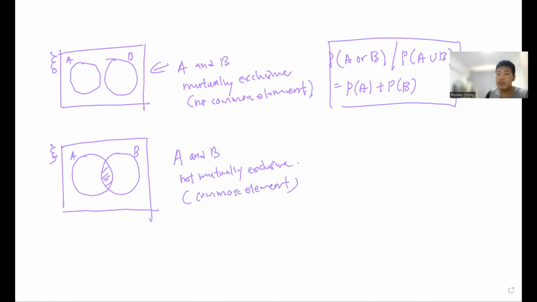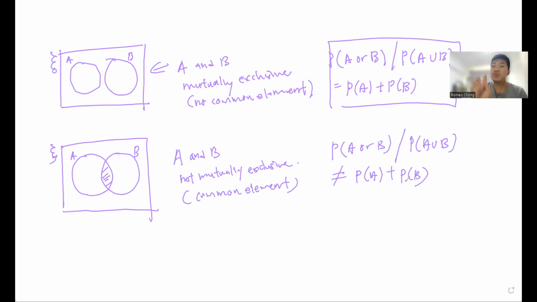When there is some common element, then your P(A or B), or even P(A union B), is not equal to PA plus PB. You cannot straight away plus. Why you cannot straight away plus is because there is a certain common element.